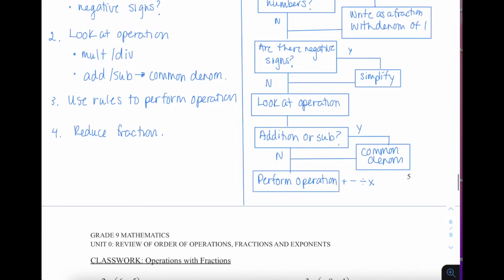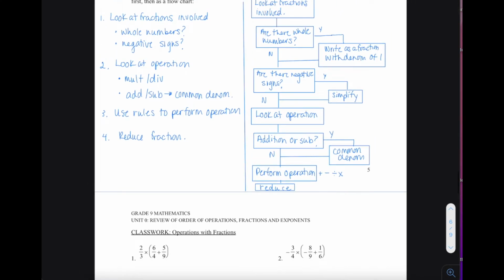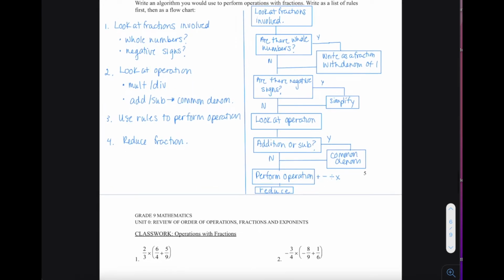Okay, and then the very last thing, which I'm going to squeak in here, is we would reduce our fraction. Okay, so this is two different ways of basically just stating the process that we use, the algorithm or the set of ordered steps to simplify or to complete operations with fractions.